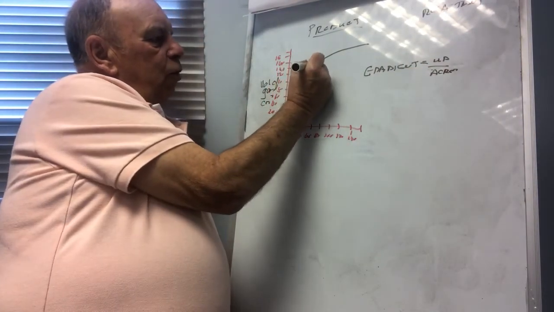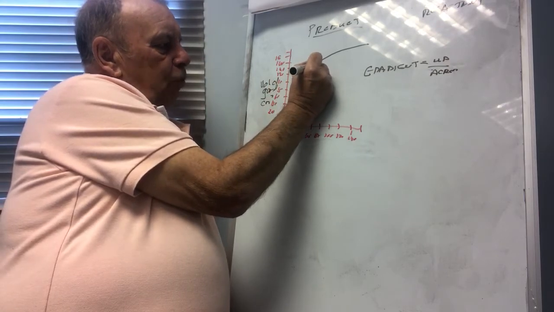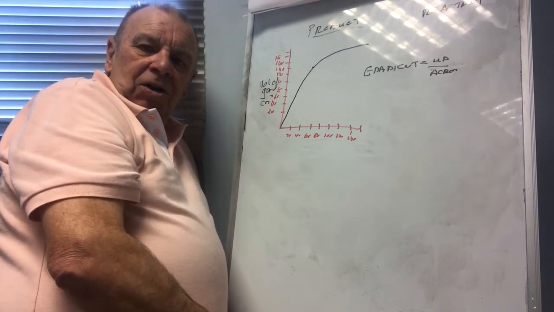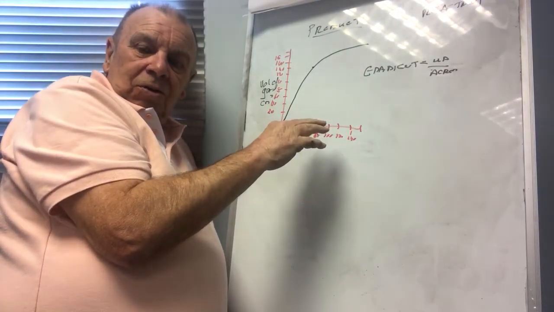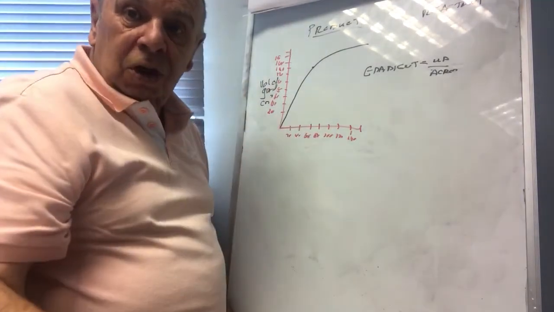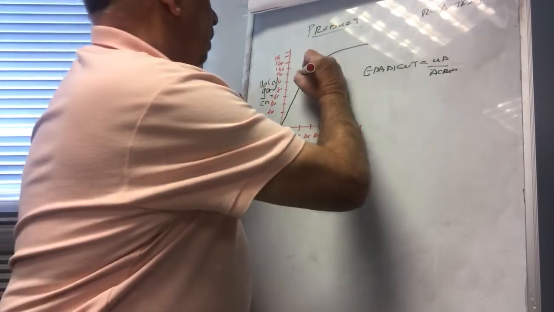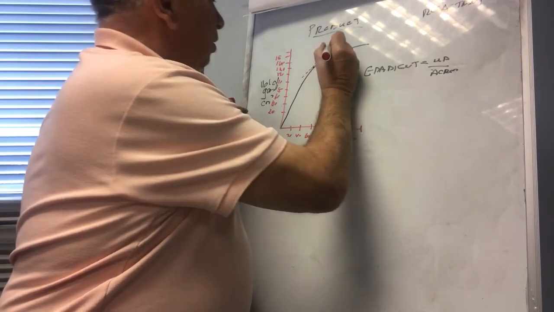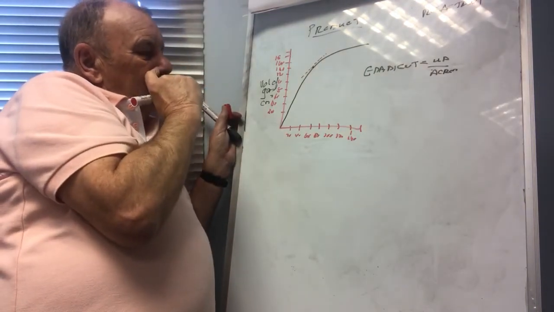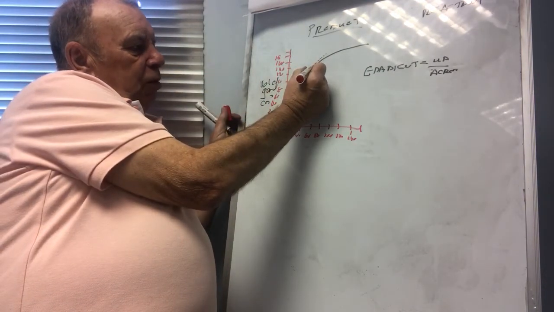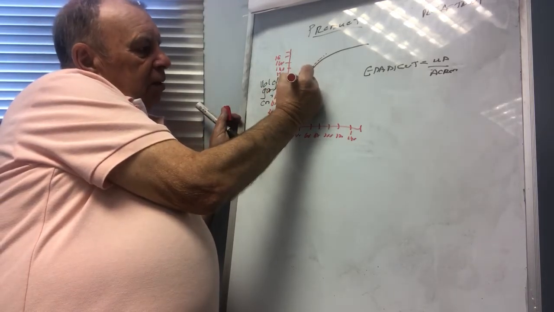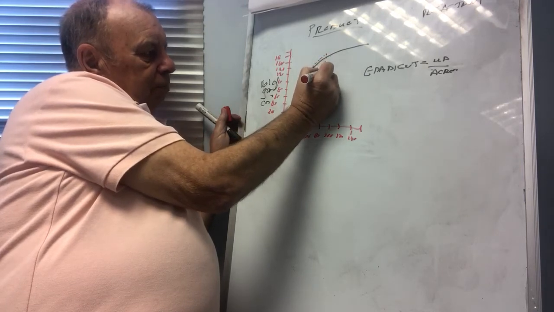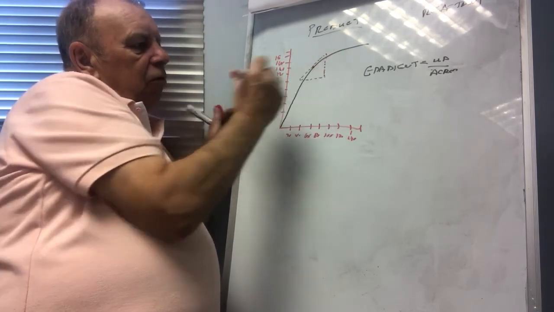Let's say I want the rate of reaction at that point there. A tangent is defined as a line which touches a circle or touches a curve but does not cross it. So that would be the tangent. And suppose I say, what is the reaction rate at that point there? I go down and I go across.